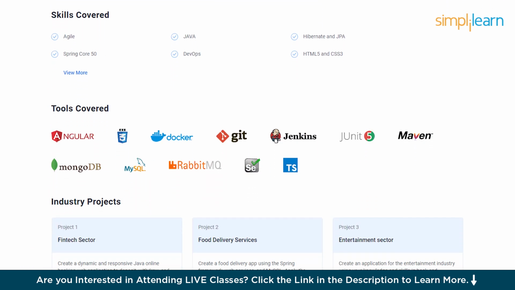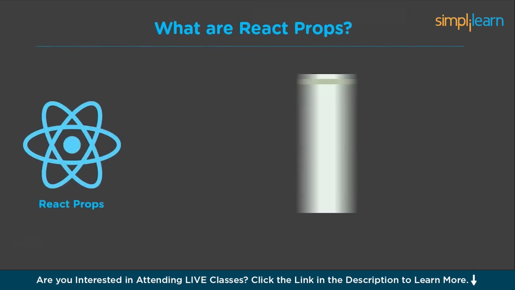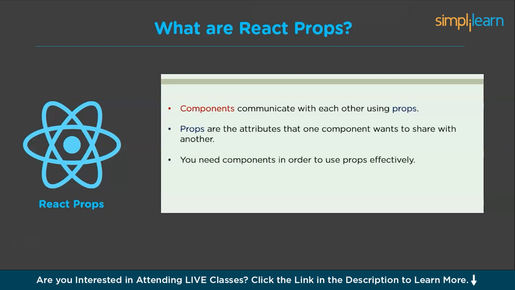So let's start with the first topic, which is what are React props? In React, components communicate with each other using props. Think of props as special messages or data that one component sends to another. These props allow components to share customized information like values or pieces of data. The word props is short for properties, which are basically the data or information of something.